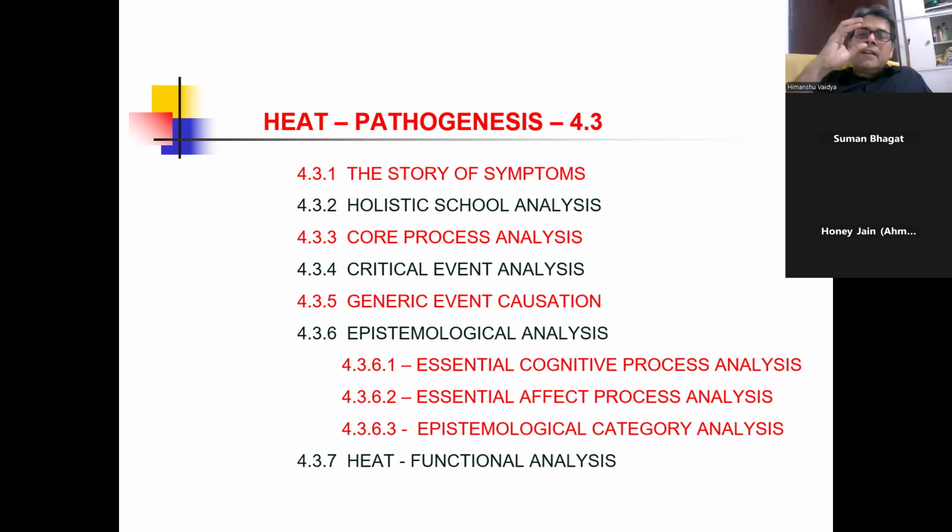So we get complaints, we make a diagnosis, we do holistic school analysis, we find out which school explains it best and what is the core process of that school given to explain this sickness. Then that core process we deconstruct into parts and we find out what is the most critical event in the core process.